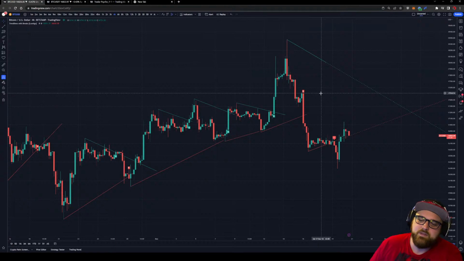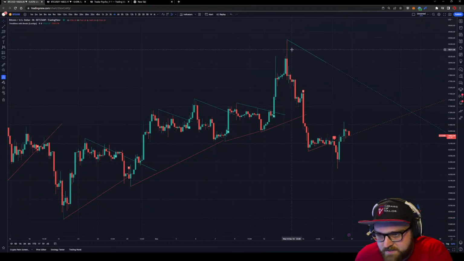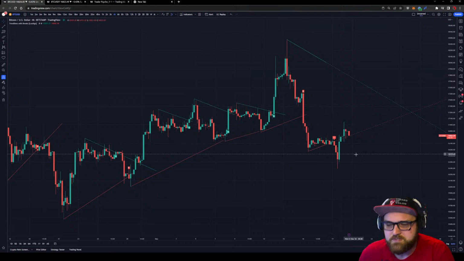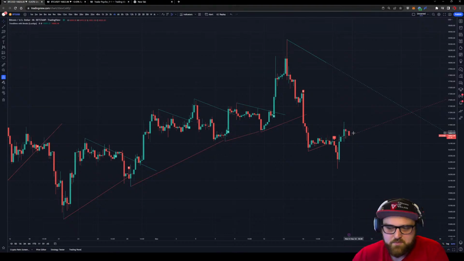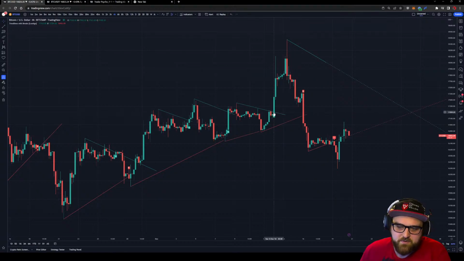What I really don't like about wedges, and this isn't really a valid one here, is you always get clear breaks of it and it pops back up into it. So how do you trade that? It's impossible. You have to have multiple strategies to trade this. Sometimes it works out, like here, it worked out really well.